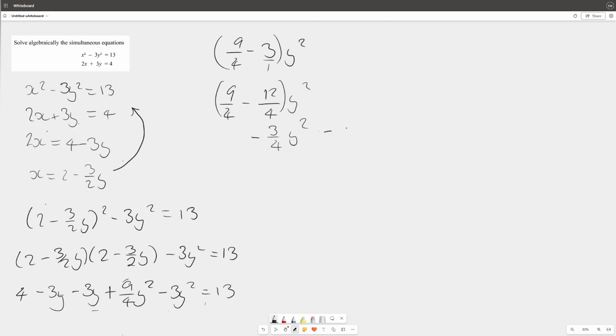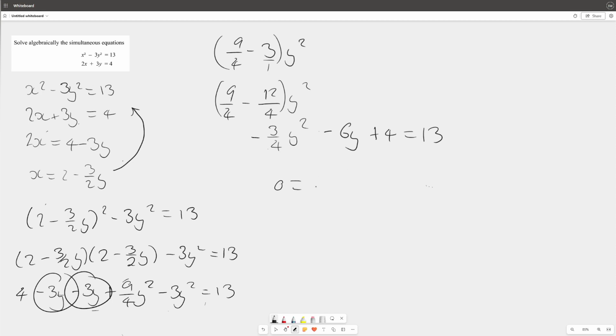And that's going to be minus the 6y, since we've got the 3y plus the other 3y. It's going to be minus 6y. And then plus 4 equals 13. Now instead of subtracting 13 here, where I'm going to get 3 negative numbers on the left hand side, I'm going to add the 3/4 y squared, the 6y, and then subtract 4, so I get everything on this right hand side.